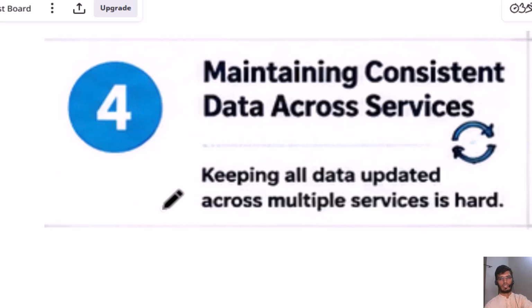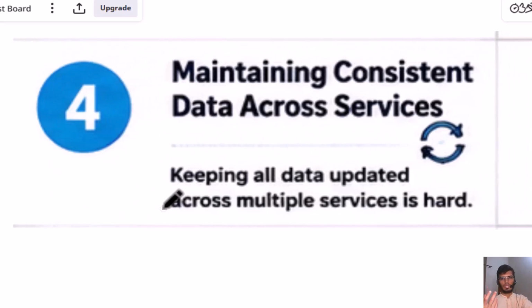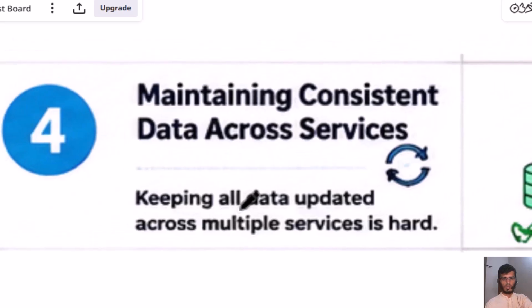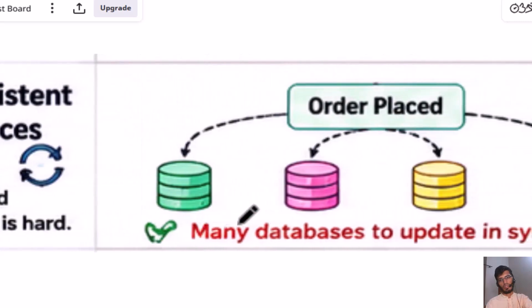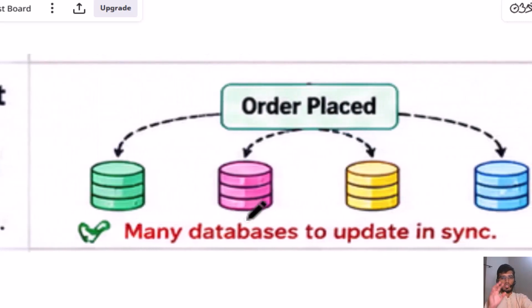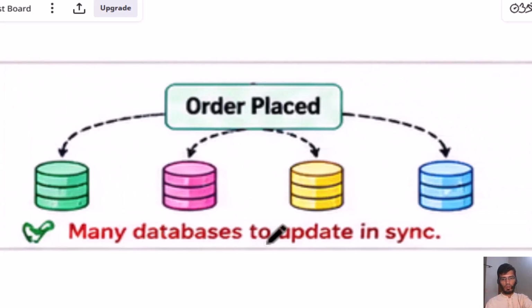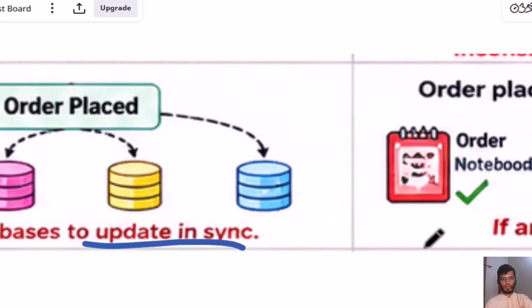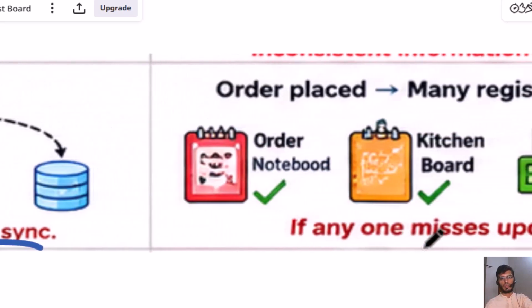The second last challenge is maintaining consistency across services, which is also a difficult task. Keeping data consistent across multiple services is hard. For example, an order is placed. Since the order is placed, we have to update the order DB, the payment DB, and the notification or analytics DB, and all these DBs must have the same data.